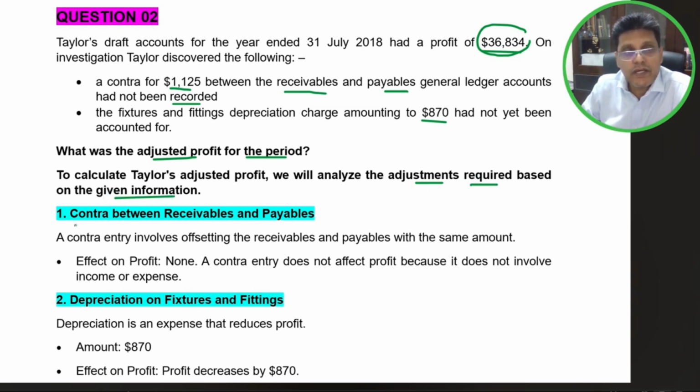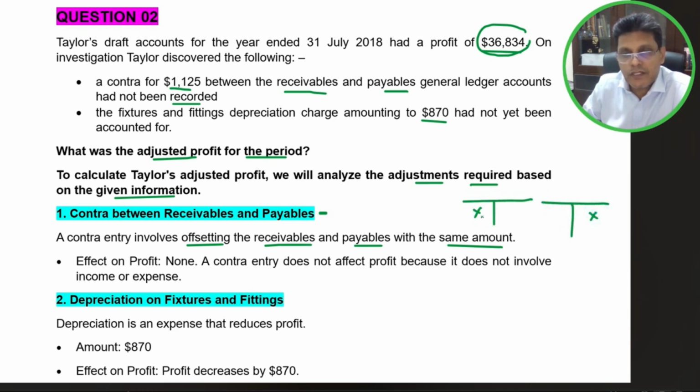First of all, let's look at the contra between receivables and payables. What is the impact on the profit? A contra entry involves offsetting the receivables and payables with the same amount. Okay, so when you have a receivable account, it's usually a debit balance, and accounts payable is a credit balance.